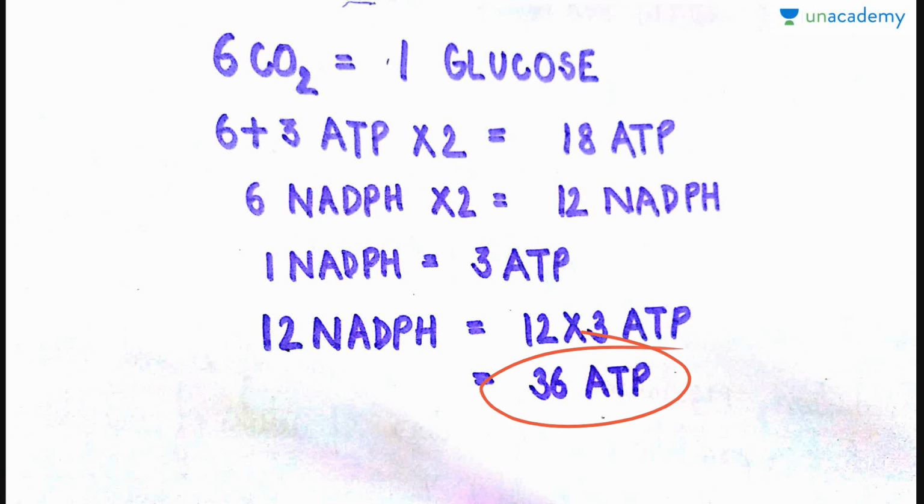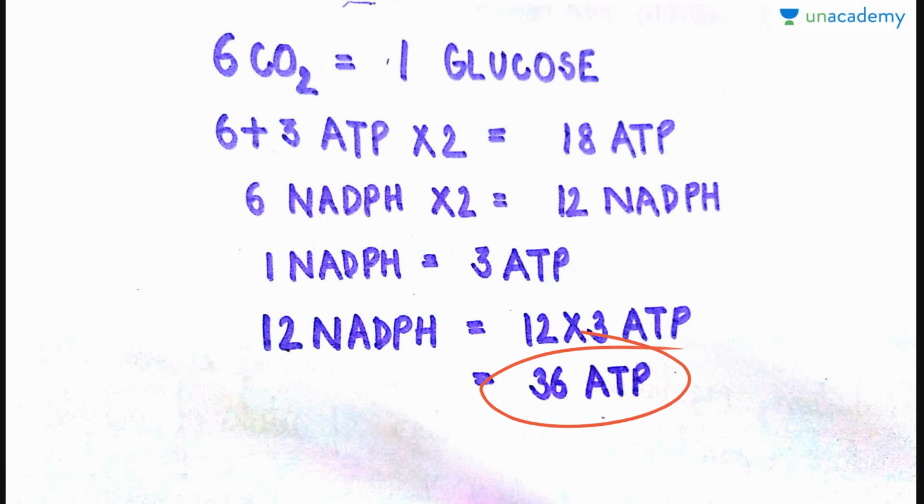This is the amount of ATP which is required by the C3 cycle or Calvin cycle to produce 1 molecule of glucose. So I hope you get the point of how ATP and NADPH, which are produced by the light reaction, are so important to produce glucose, because in the dark reaction or C3 cycle, the main assimilatory powers in the form of ATP and NADPH are utilized, as there is no presence of light in it.